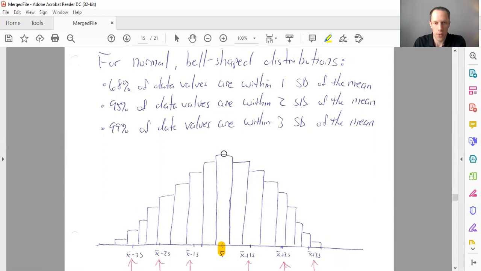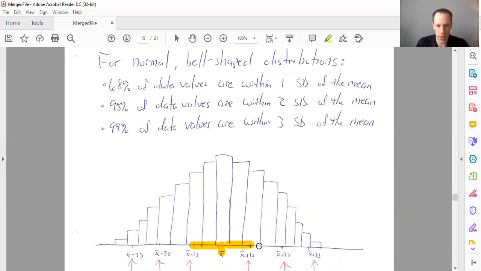And if you were to calculate the standard deviation for this data, and on a number line, take a step to the right that is equal to the standard deviation, so that would be your mean plus 1 standard deviation, and then take a step to the left, that would be your mean minus 1 standard deviation, 68% of the data values will be in that range.